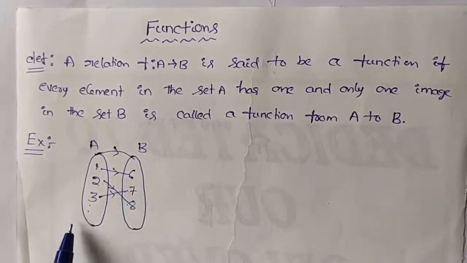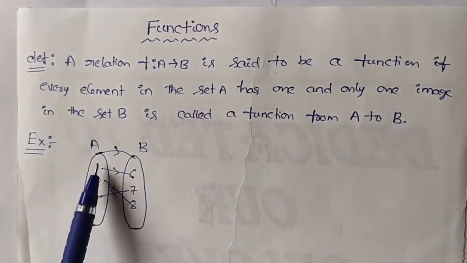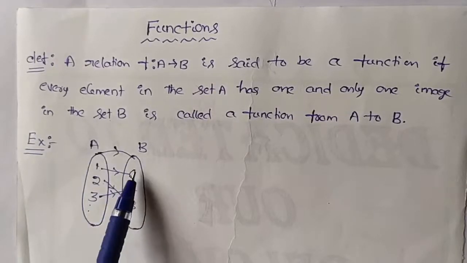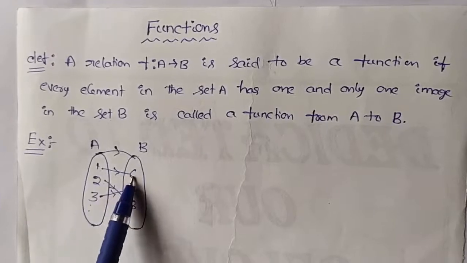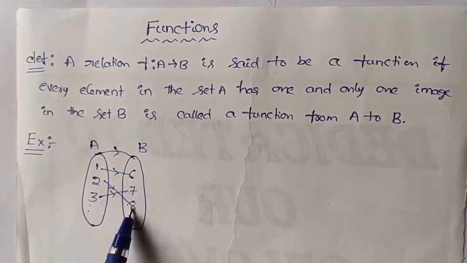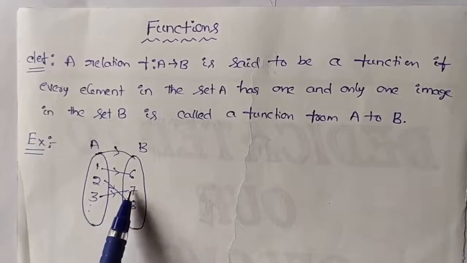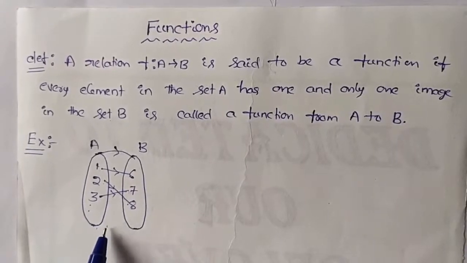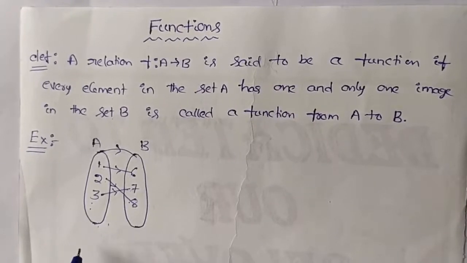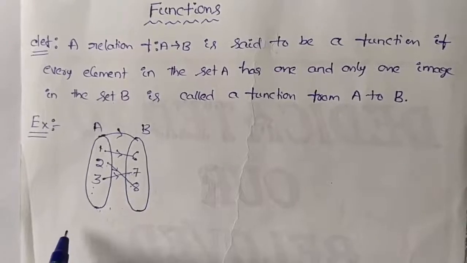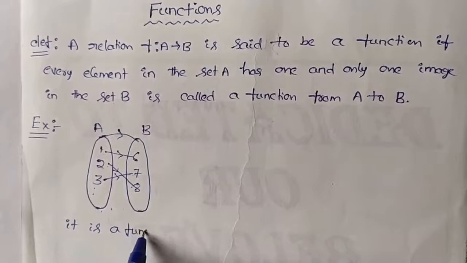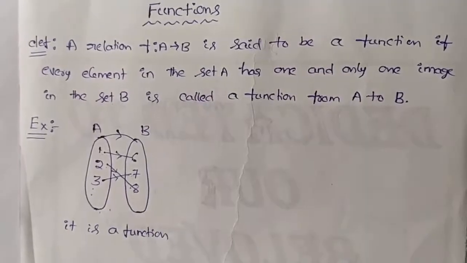Is this a function? According to the definition, every element in the set A has one and only one image in the set B. 1 has only one image 6, 2 has only one image 8, 3 has only one image 7. Therefore, yes, it is a function.